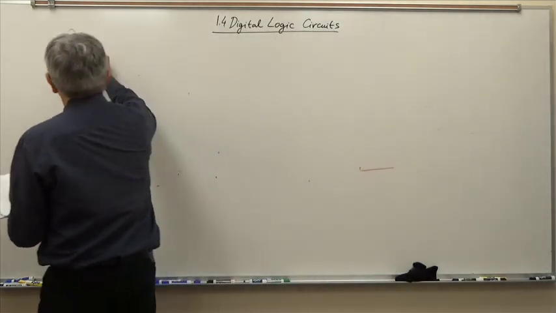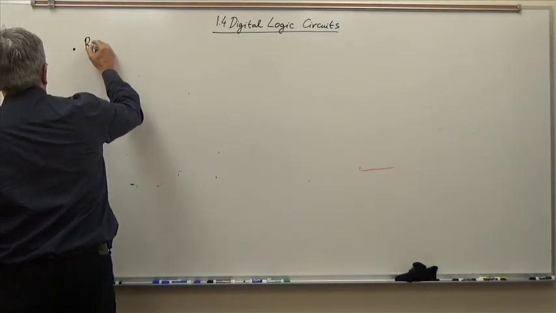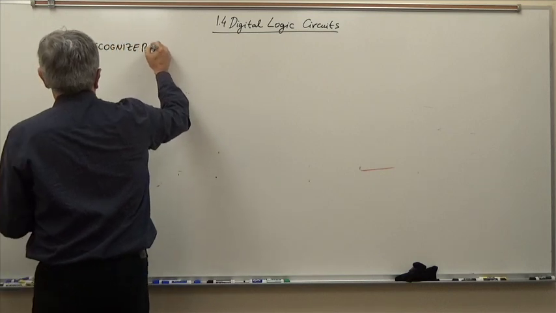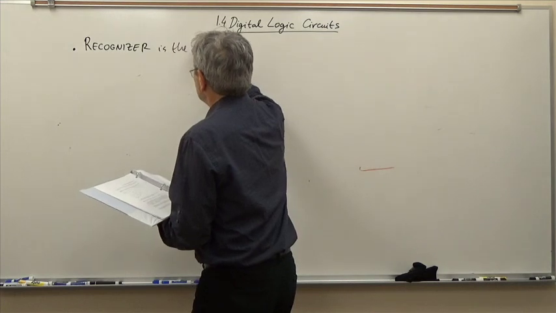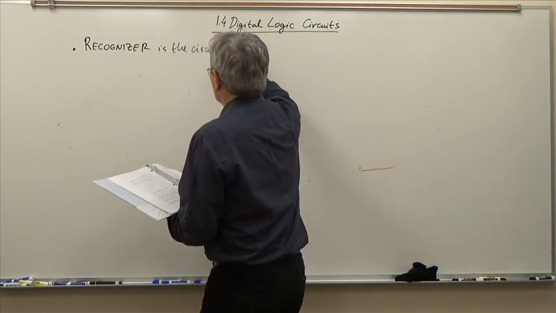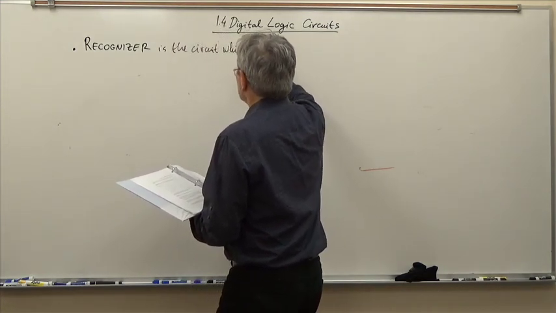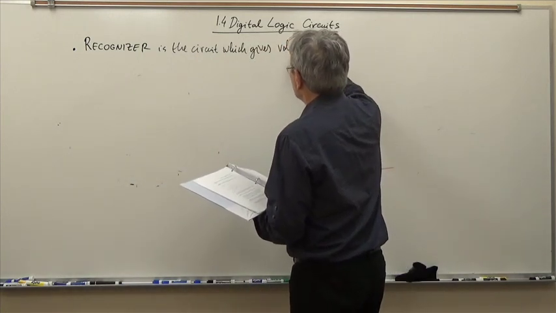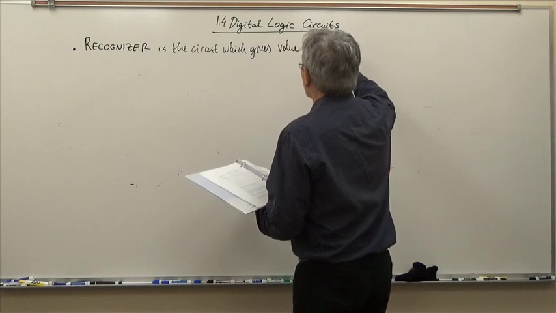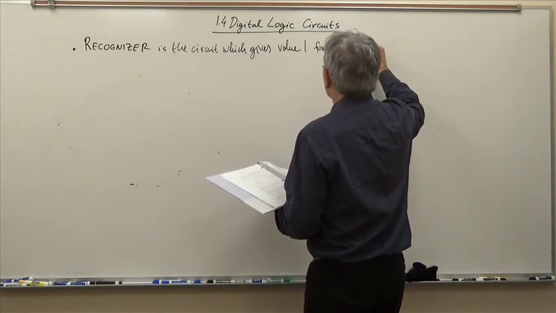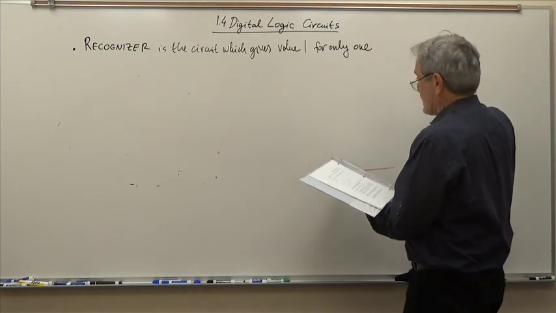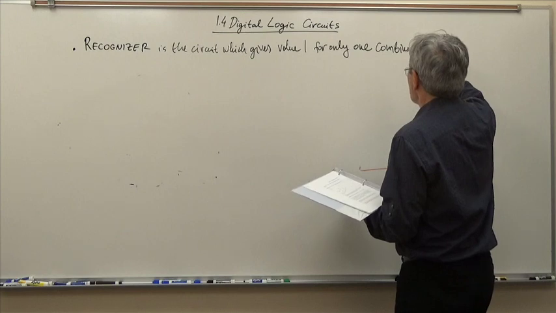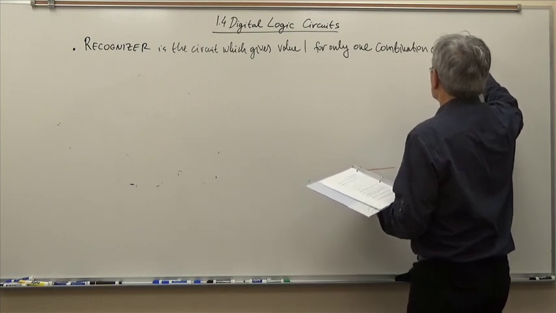So here's the definition. A recognizer is a circuit which gives value 1 for only one combination of input signals.